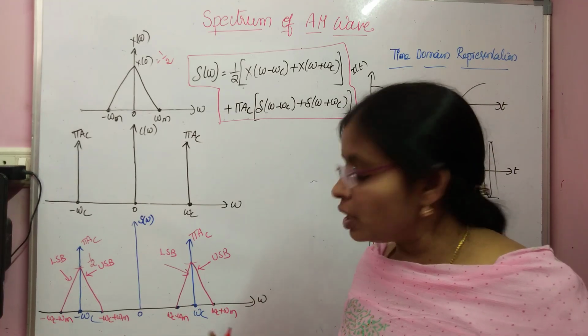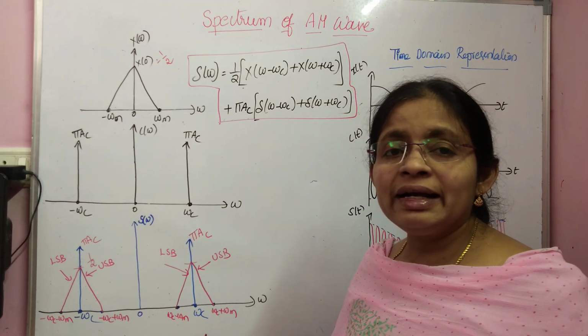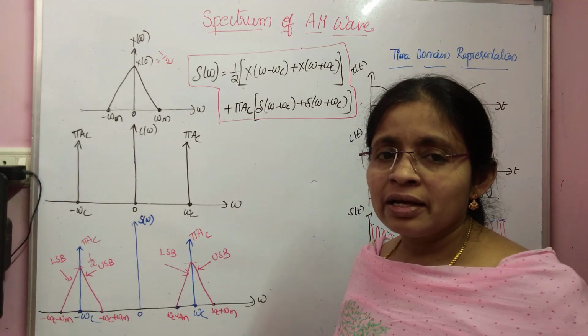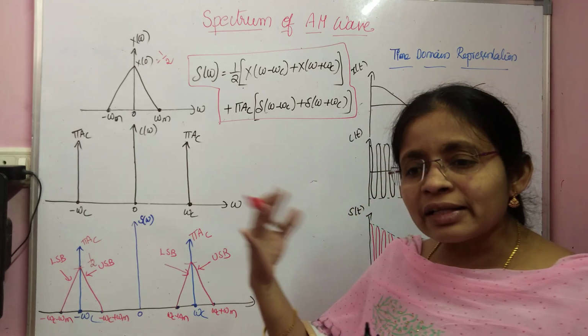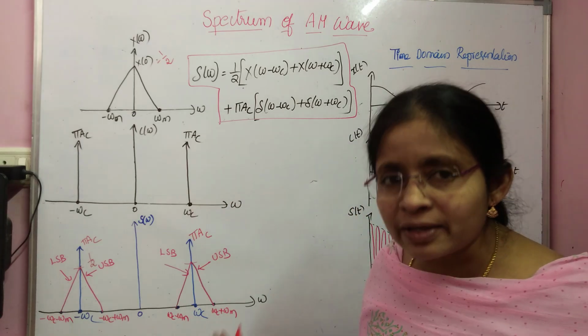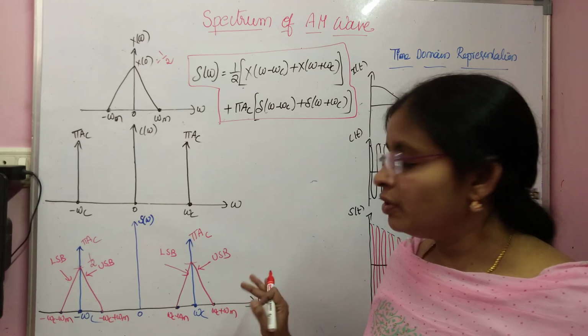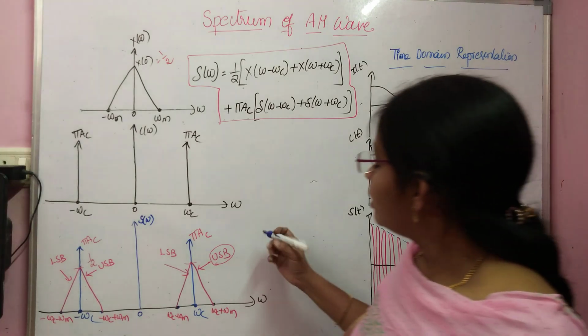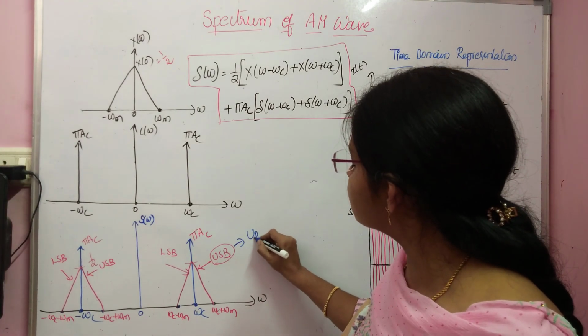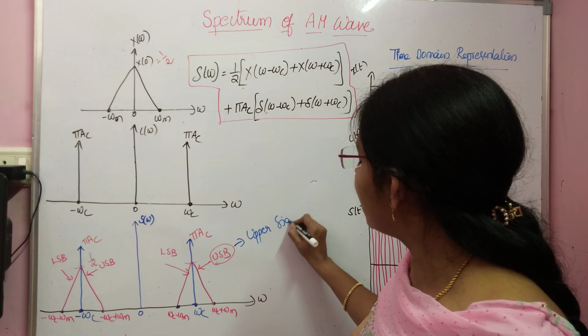You are seeing one band greater than omega c, which means there exist frequencies greater than omega c in the spectrum of the AM wave. That is called USB. So what is USB? USB full form is upper sideband.